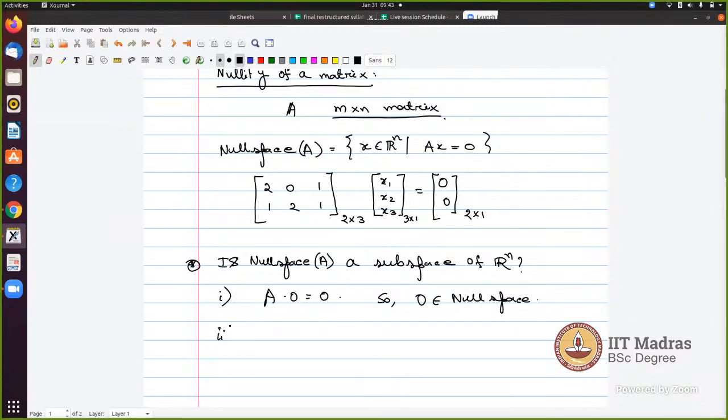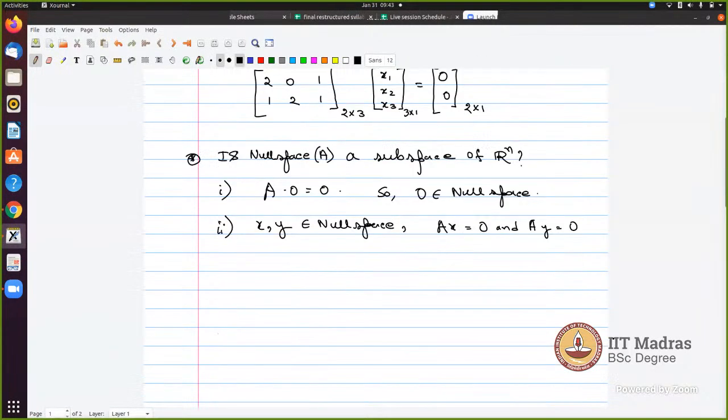And as you have already pointed out, if x and y are in null space, that means Ax equal to 0 and Ay equal to 0. Then what about x plus y? A of x plus y is nothing but Ax plus Ay. Both of them are 0, so we will get 0.